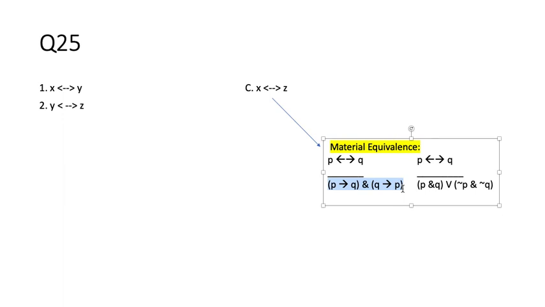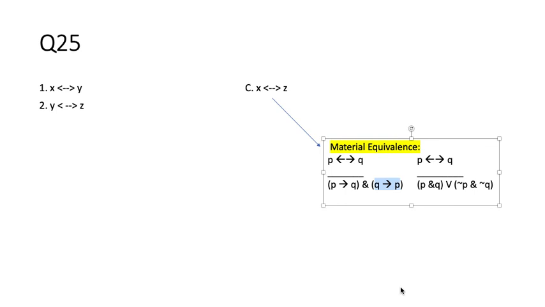It's also equivalent to this disjunction, okay? How do I know that? Because I know the rule of material equivalence. And so once I note that, I think to myself, okay, one way I could get to the conclusion would be to show that this conditional is true, and then to show that this conditional is true, and then put those 2 conditionals together via conjunction, and then do material equivalence.